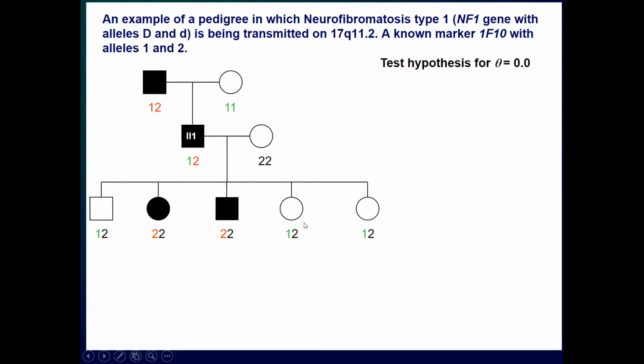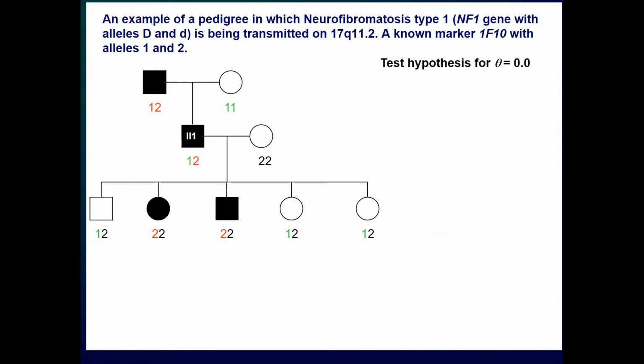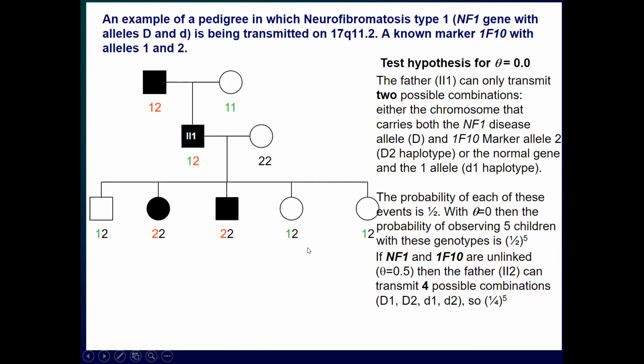So when we look at the LOD score and the ratio, the probability of observing this family is 0.5 to the power of 5, because we do have 5 progeny. Now we need to divide this probability with the probability of observing this family when the IF10 marker is not linked with a gene that is responsible for neurofibromatosis type 1.